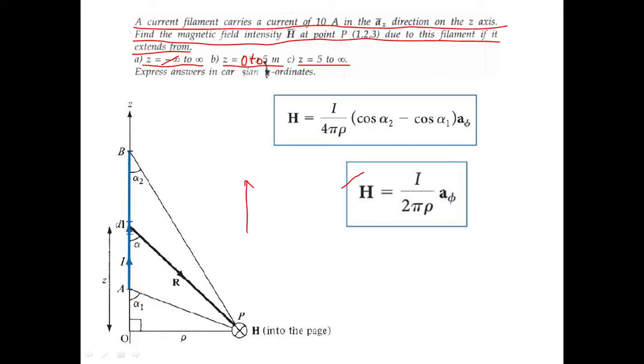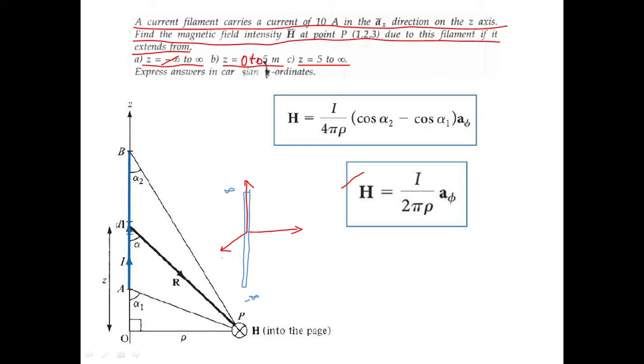Now you will have x, y, z, correct. Now the charge is placed in this form. For the first case, the charge is placed like this from plus infinity to minus infinity, correct.